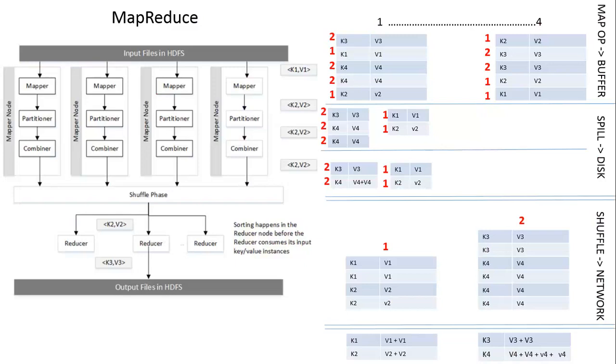So what happens during a MapReduce operation? Let's say you're doing a word count or something similar, or k-means clustering. Then the function that you write in the mapper class is going to be shipped to all the nodes that have the required data.